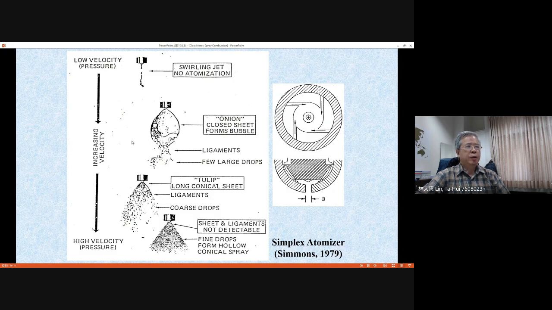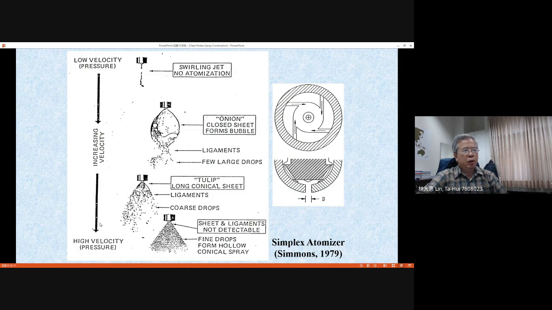Now you increase the velocity further, and you can see the picture move to the so-called tulip-shaped spray cone. For the tulip, there is a smaller liquid sheet area, but here there are many ligaments, and finally you can see many droplets in the downstream.